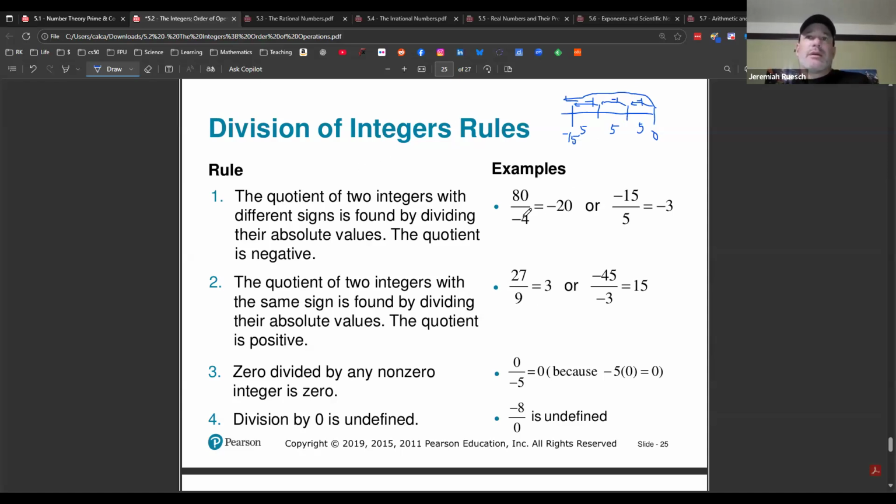Same thing with the -4, -20. It will look very similar, just in the other direction. I hope the visual helps to make sense of the idea of partitioning up the number line into equal size groups. So I was asking how many groups of this size are in this thing.